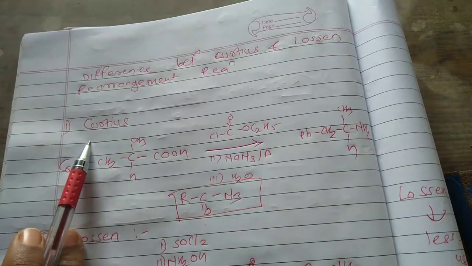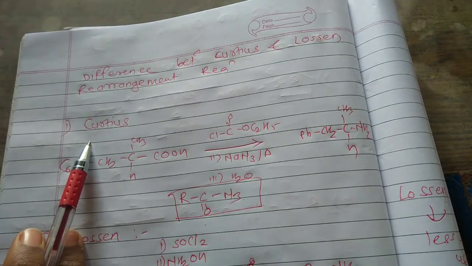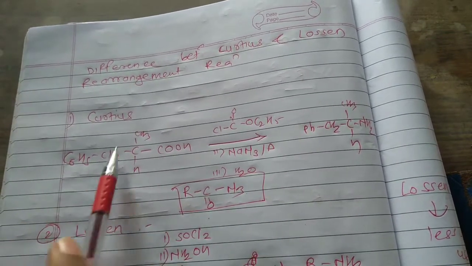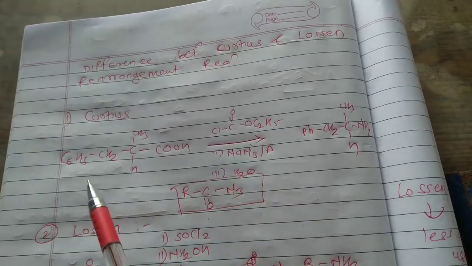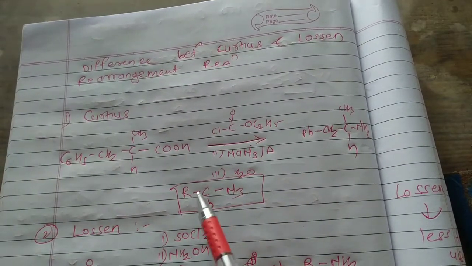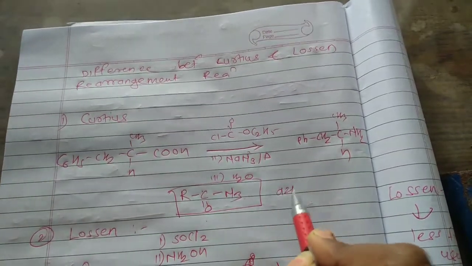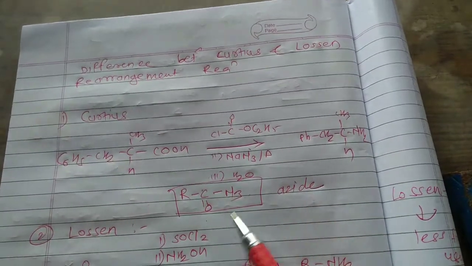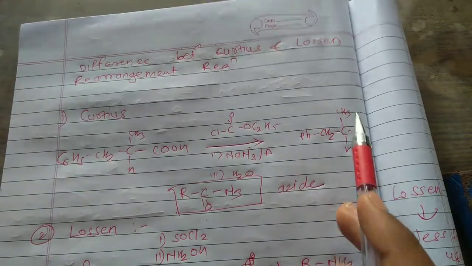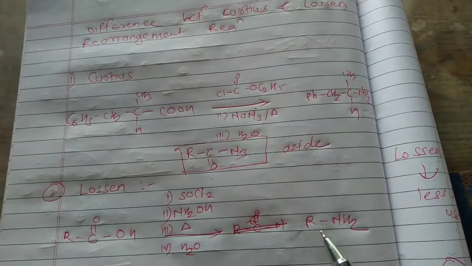So in the Curtius rearrangement reaction, the acid is treated with NaN3 and forms RCON3, the azide compound. It requires azide for the formation of the amine, or the formation of the isocyanate.